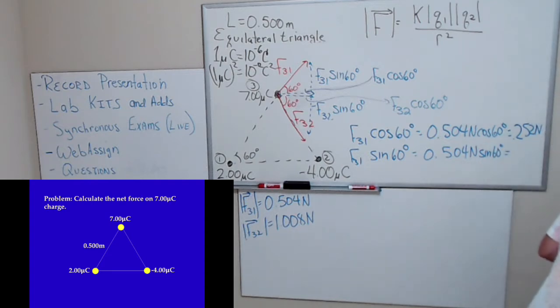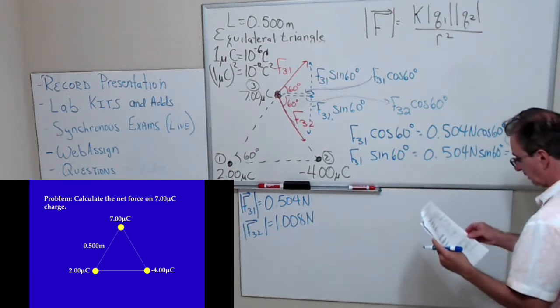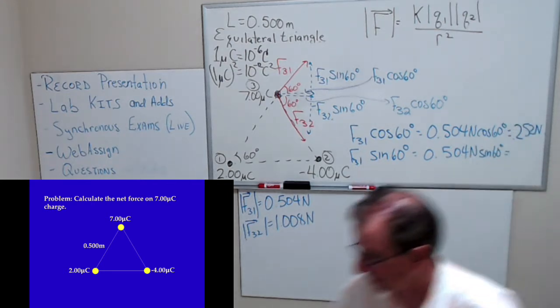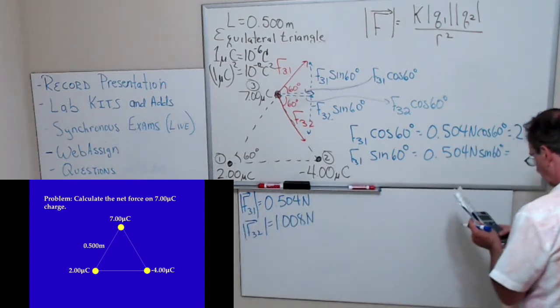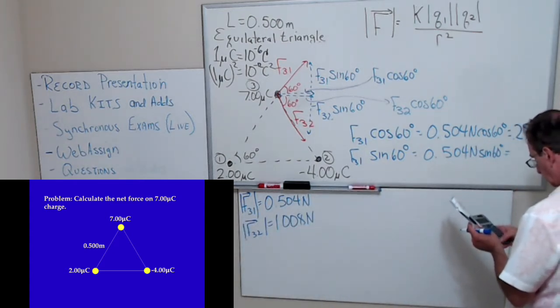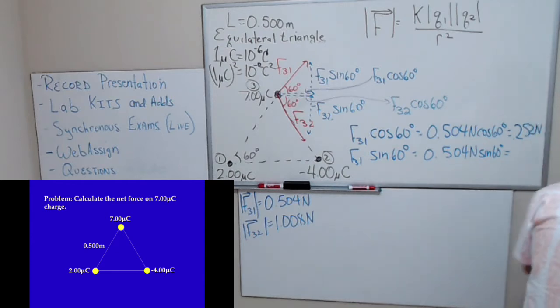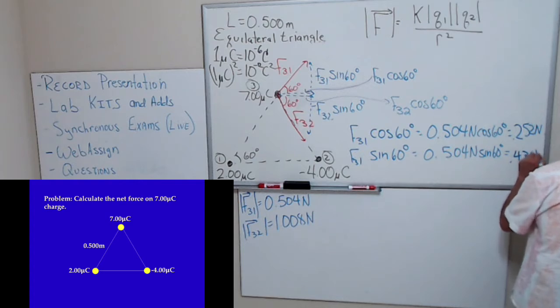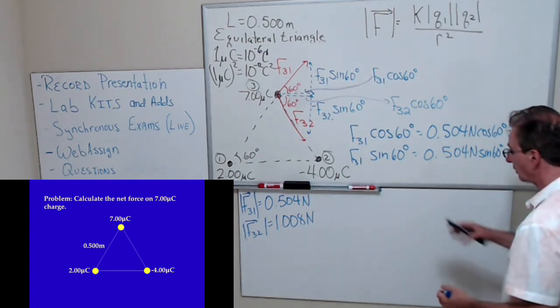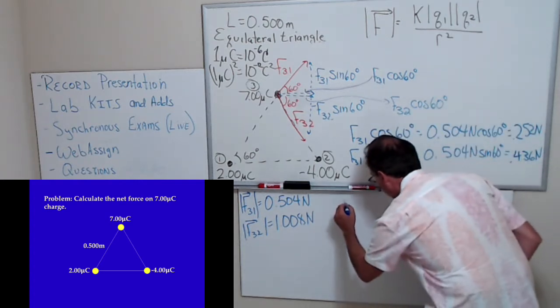And let me see what value I have here. Can't remember if I wrote it down. I'll use my calculator real quick. I get 0.436. So let me write this force in IJ notation.